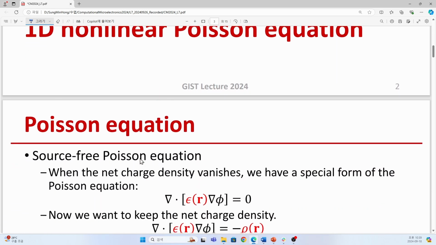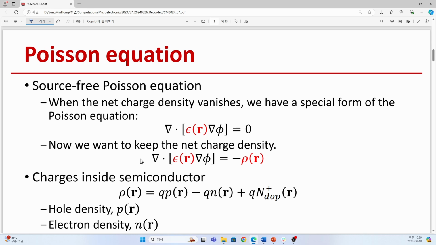Okay, so let me just start from the Poisson equation. Actually, in the previous lecture, we have already discussed the Poisson equation. In that lecture, we considered the source-free version of the Poisson equation, when the net charge density vanishes.